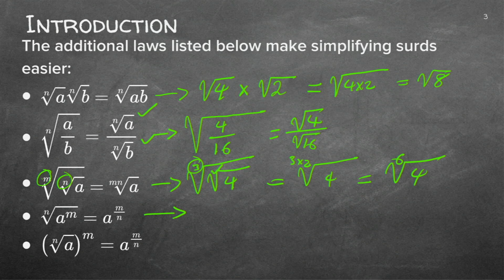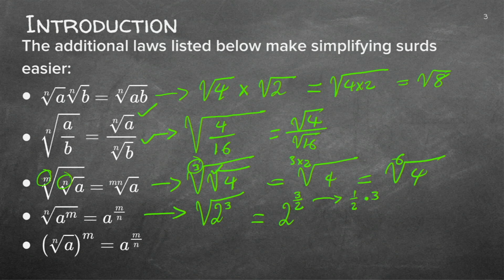For example, the square root of 2 to the power of 3 can be written as 2 to the power of 3 over 2. This is just a breakdown of the fact that this is 1 over 2 times 3. So you can write this in that format.